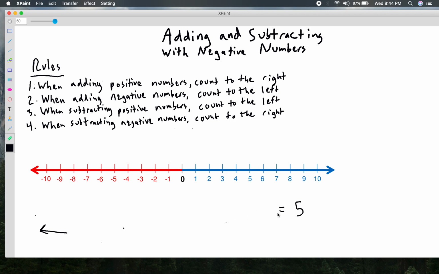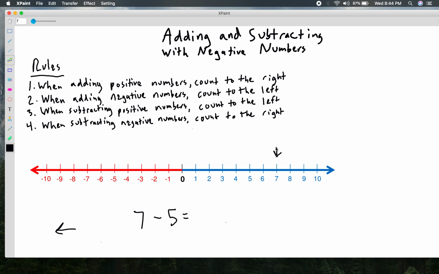All right. So let's move to rule number 3, subtraction. When subtracting positive numbers, count to the left. So we're going to go this way. So 7 minus 5. We're here at 7, and we're subtracting a positive number. And we're going to count to the left, go this direction.